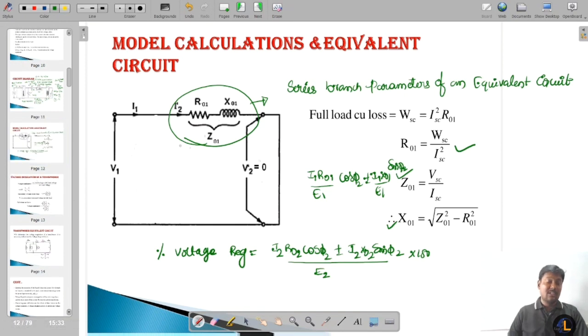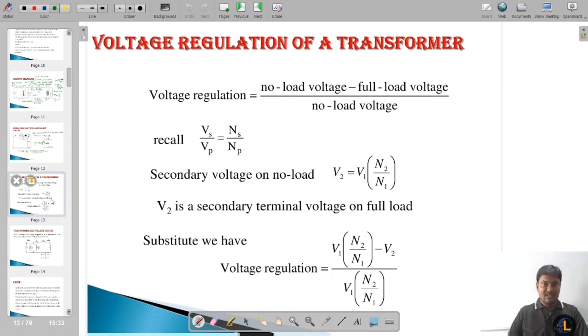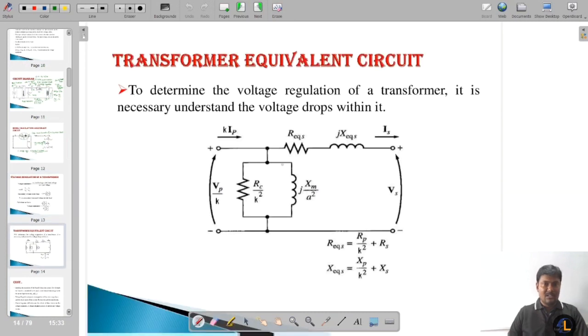If we know the losses, by conducting the open circuit test we can find out the iron losses. By conducting the short circuit test we can find out the copper losses or variable losses. So if you know the losses, we can find out the efficiency. Voltage regulation, as we already derived, is no load voltage minus full load voltage divided by no load voltage.